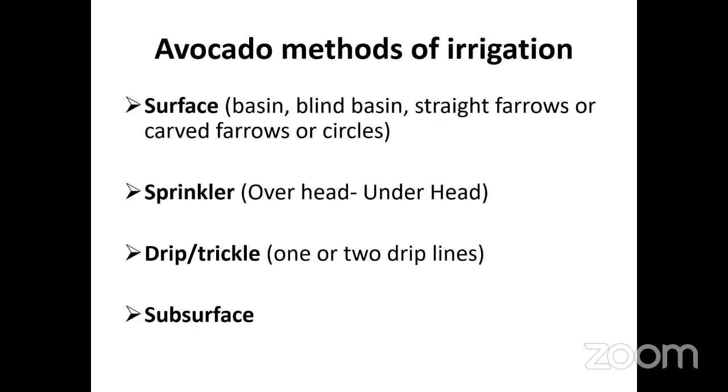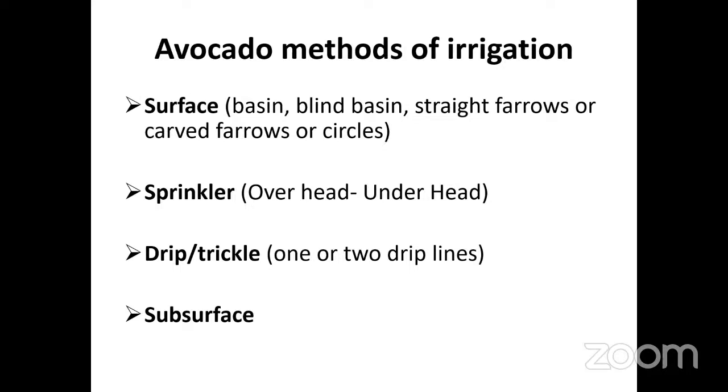Then there is the sprinkler irrigation system, which can be overhead or underhead sprinkler irrigation, and the underhead system can also be called microjet.